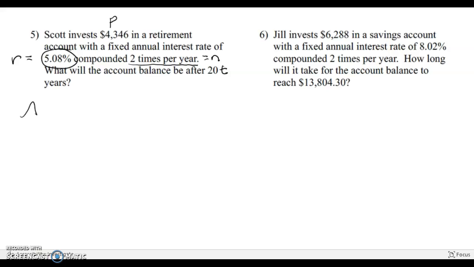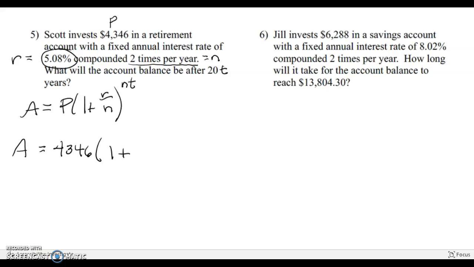So we're using the first formula, 1 plus r divided by n to the nt power. So how much money will be in the account if the original amount of money is $4,346 times the quantity 1 plus the interest rate, which is 0.0508.